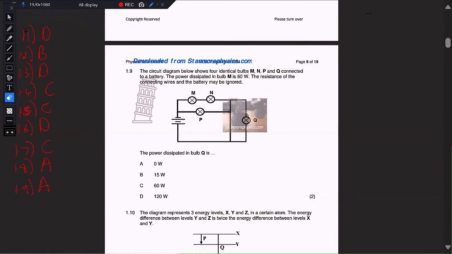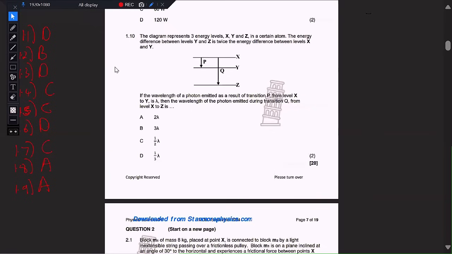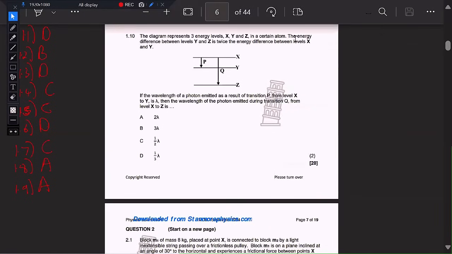Now we have 1.10. It says the diagram represents 3 energy levels, X, Y, and Z, in a certain atom.